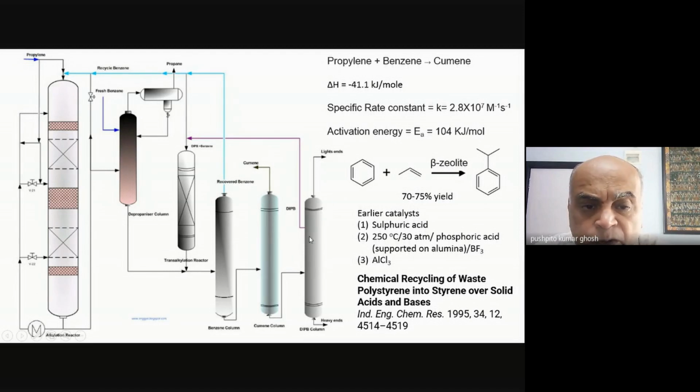And what they then do is something very interesting. They take the diisopropyl benzene. This is smart, and they react it with benzene. And so what happens is that one of the isopropyl groups migrates to benzene, and I can then convert diisopropyl benzene back into cumene. So that's how this recycle business happens.